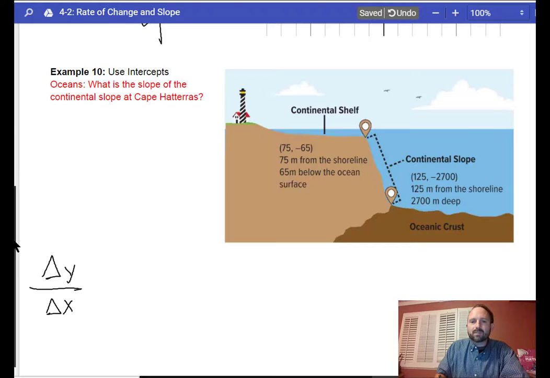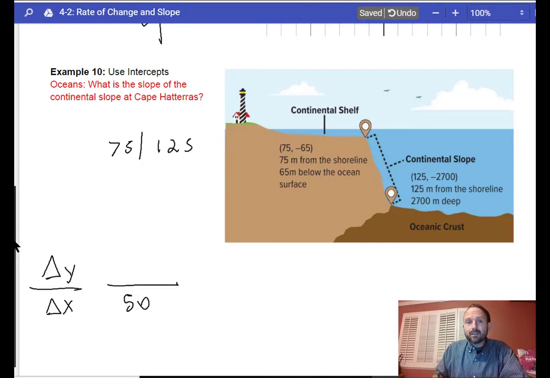Okay, well, from 75 to 125, I know I would add 50. So, I'm going to put 50. And then from -65, it's going to go to -2,700.